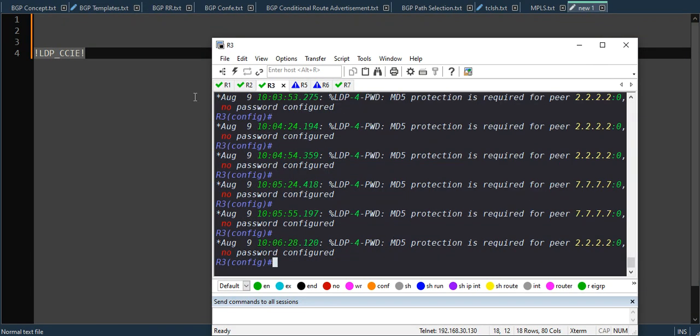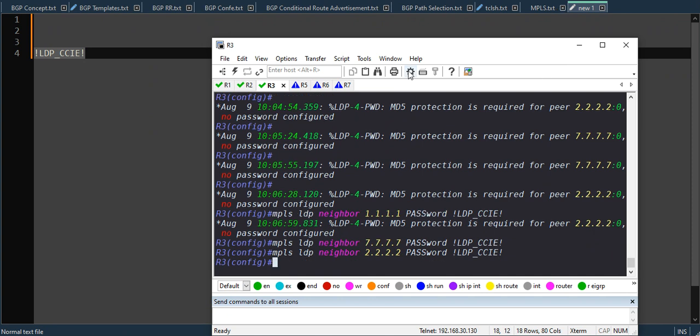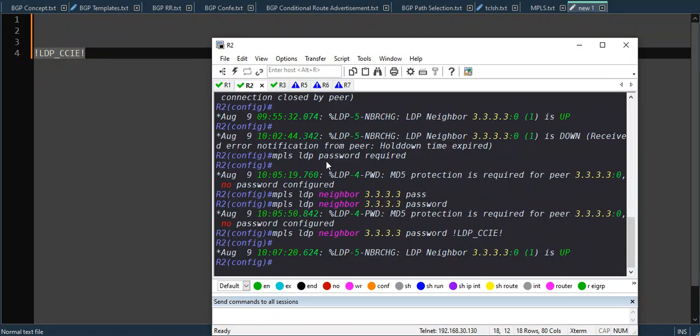Then you have to configure R7 on R2. R3 and R7 and R2.